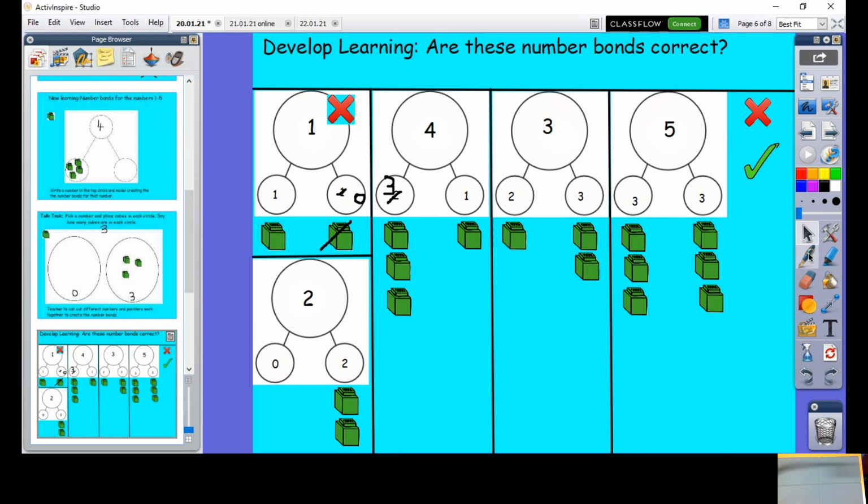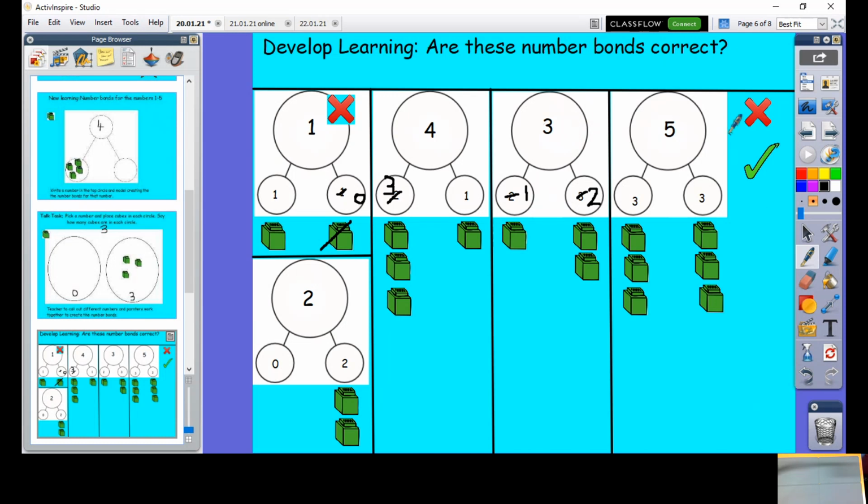Okay, now let's count our cubes and correct the number bonds. So 1. Oh, so that doesn't say 1, does it? So let's put a line through it and put a 1. Okay, and here 1, 2. Oh dear. Right, so we put a line through that and we draw a 2. Okay, now let's count our number bonds. 1 and 2 makes 3. Well done, boys and girls.